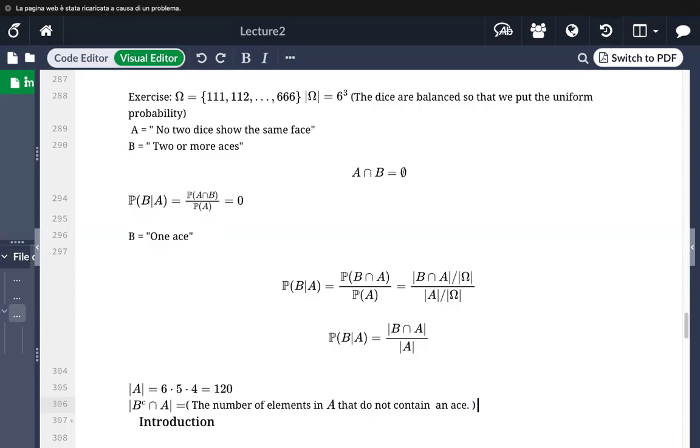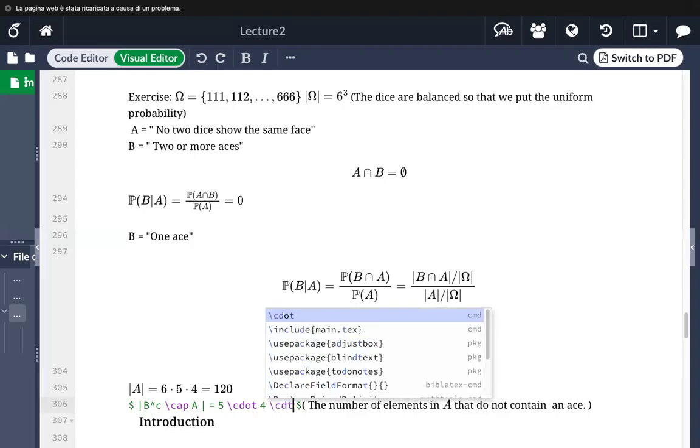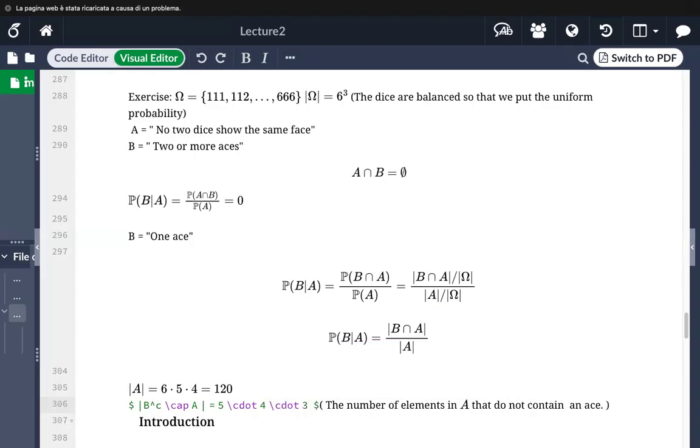Well, this is again easy because we have to choose the first die between 5, then the other one between 4, because we cannot choose twice the same face, and then the last one between 3 elements. So this is equal to 20 times 3, which is 60.